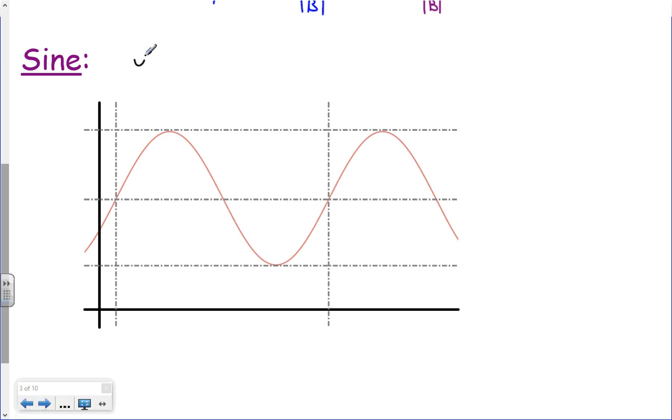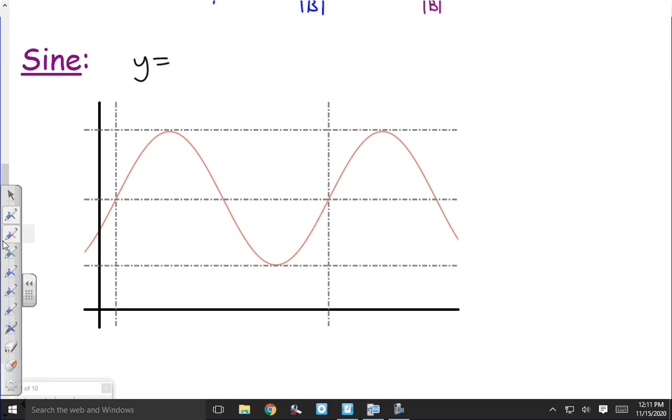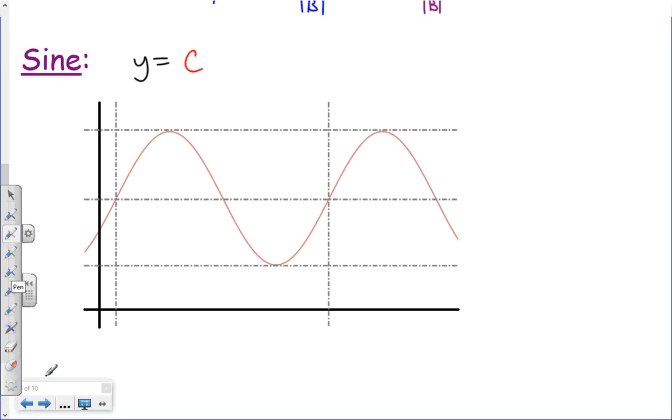So again, let's write down our equation. y is equal to, and again, I'm going to color code this as we go here. Our equation is y is equal to c. And again, the c is just the sinusoidal axis. It's the line that goes right down the middle of this. So that turns out to be this guy right here, that horizontal line.